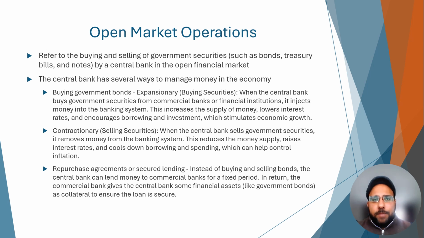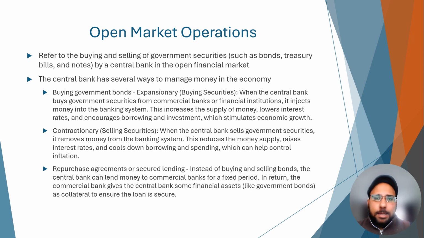On the flip side of that, you will naturally have the contractionary method, when the central bank sells their own government securities, effectively removing money from the financial system. So it's reducing the supply of available funds.